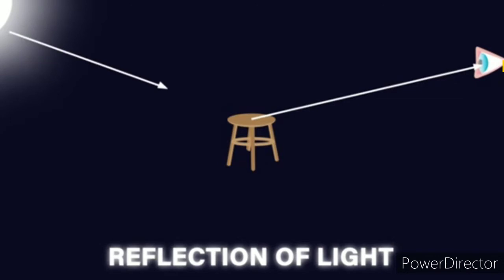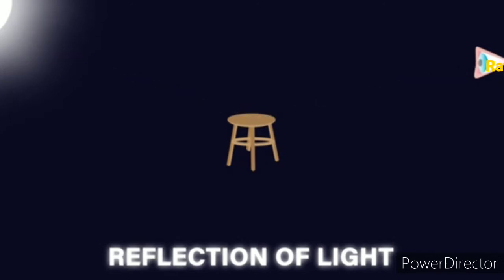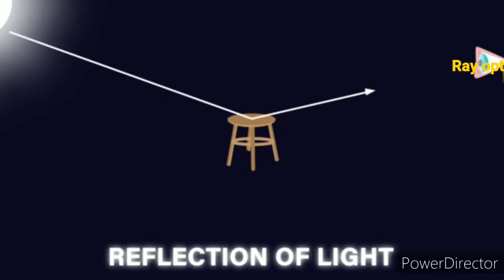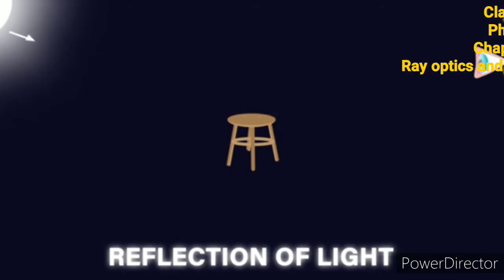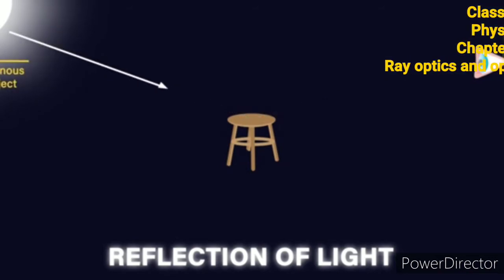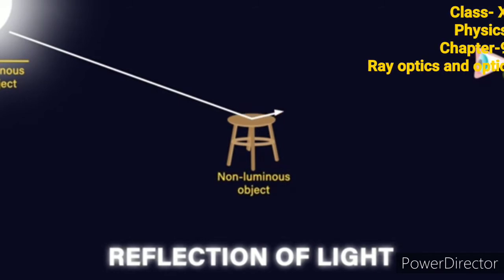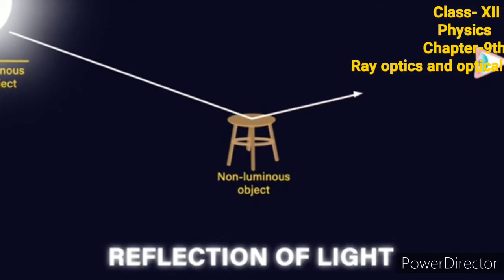Let me repeat. Light coming from the luminous objects falls on the non-luminous object. The non-luminous object then reflects this light, which travels towards our eyes, and that's why we can see the object.